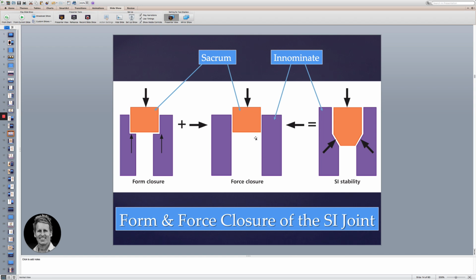But what you have to remember is when you're walking, the right side will be stable, for instance, if you're contacting the ground on the right leg, whilst the left leg will be unstable. So we have a lock-in and an unlock-in mechanism for when we are walking. Okay, so we'll need a force closure system to give us sacroiliac stability.